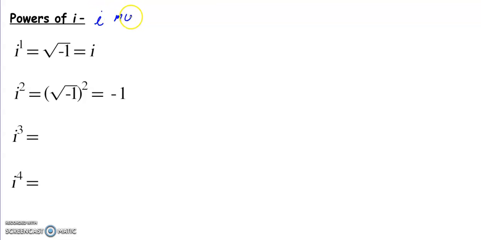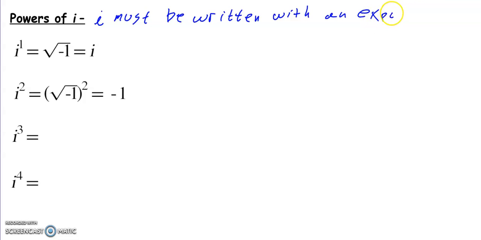i must be written with an exponent of 1 in our final answers.